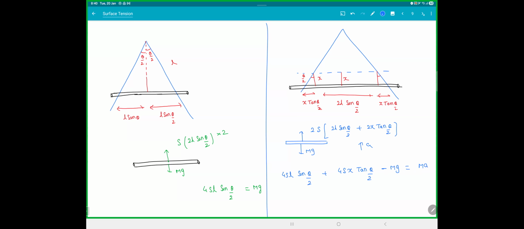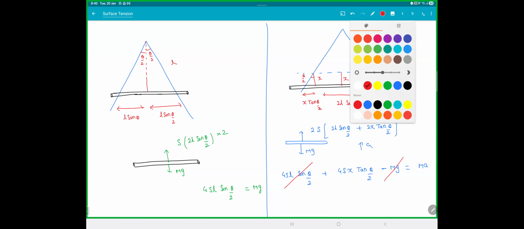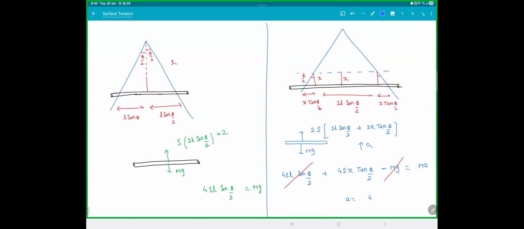But I know 4SL sine theta by 2 is nothing but mg, so this term and this term are gone. Therefore, we get acceleration is 4S by m tan theta by 2 into x. That's your acceleration. The value of M, you can get it from here and substitute. So you would get.